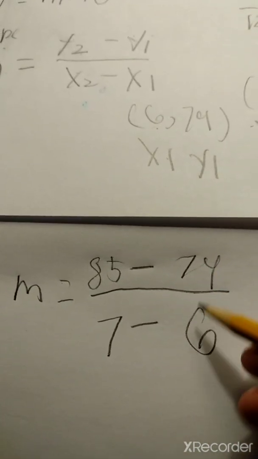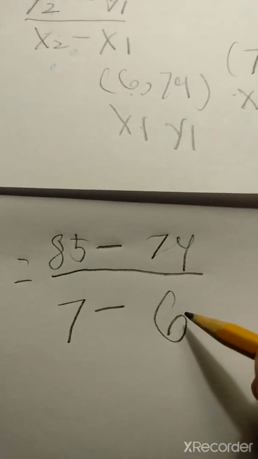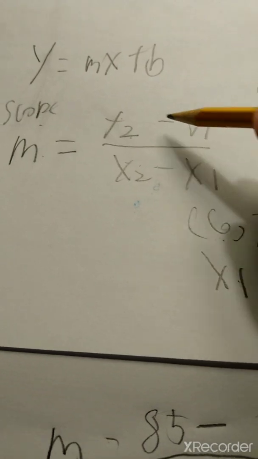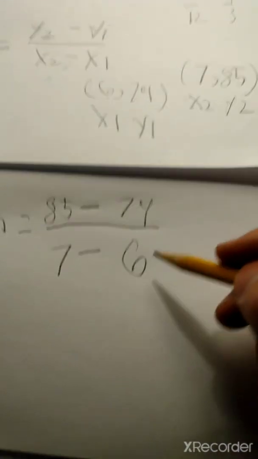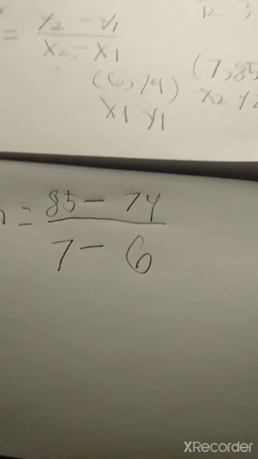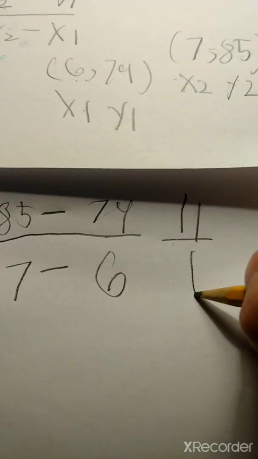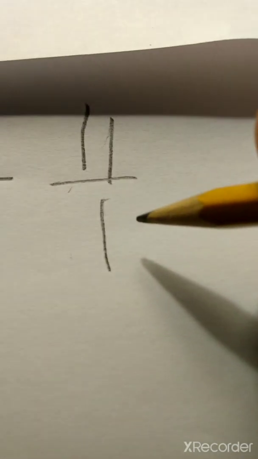These numbers will be plugged into the formula because they follow the rule for this formula. If we subtract each number, 85 minus 79, that would be 6, and 7 minus 6 is 1. So we got a fraction of 6 over 1.